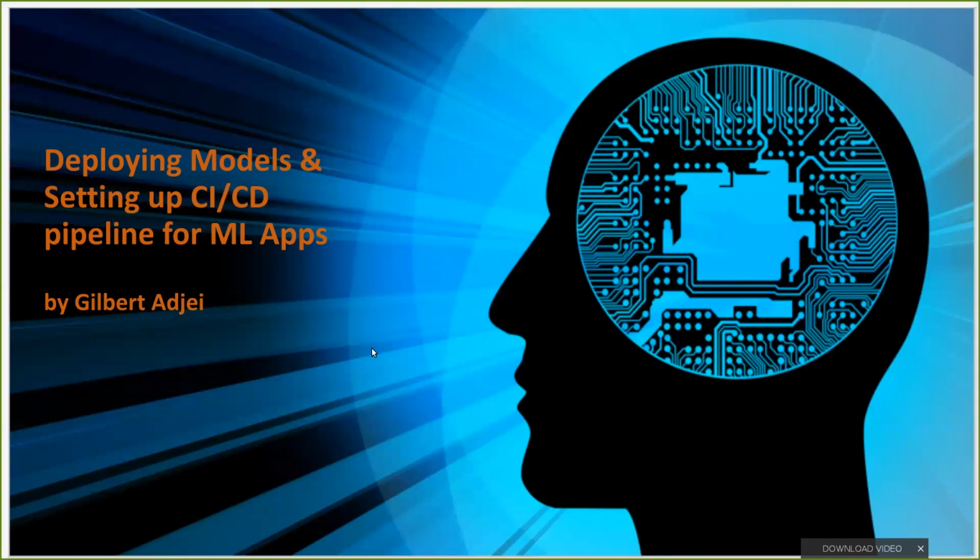Okay. So today we have in our midst Gilbert Adjei, who is going to talk about deploying models and setting up CD and CI pipelines for ML applications. So I would like to talk a little about who Gilbert Adjei is.